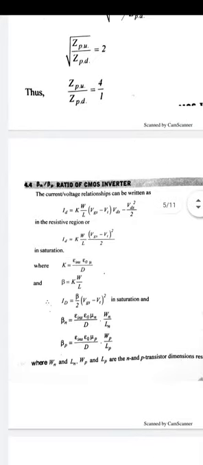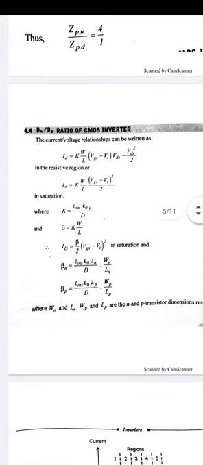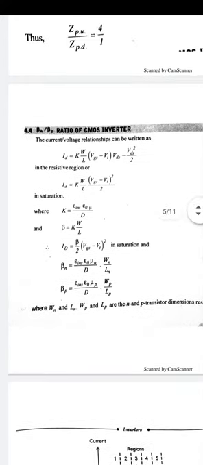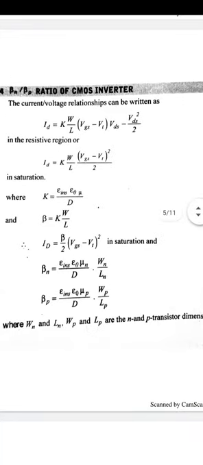In the next case, we calculate the values for the beta n by beta p ratio for the CMOS inverter. For the current voltage relationship of the CMOS inverter, we equate the values in both cases. ID is equal to Kn W by L (VGS minus VT) VDS minus half VDS square, the drain current equation in the resistive region.